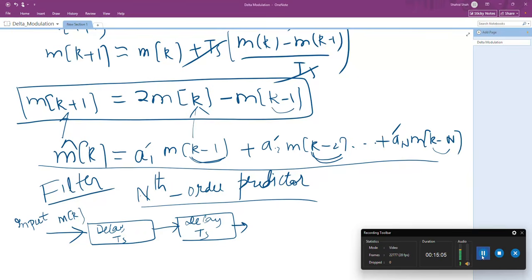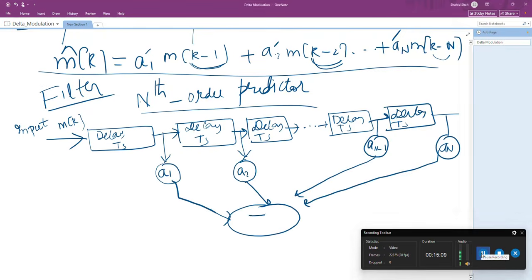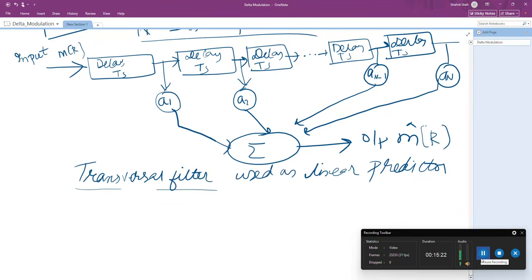Then you have these filter coefficients, you sum it up, and the output you get will be the prediction of the value of the message signal at time k. This is also called a transversal filter. When you have these continuous delay elements, it is used as a linear predictor.